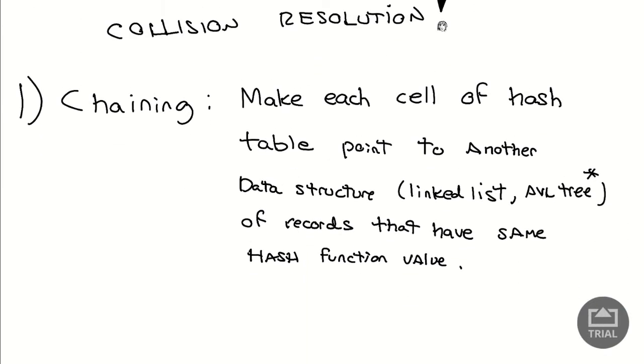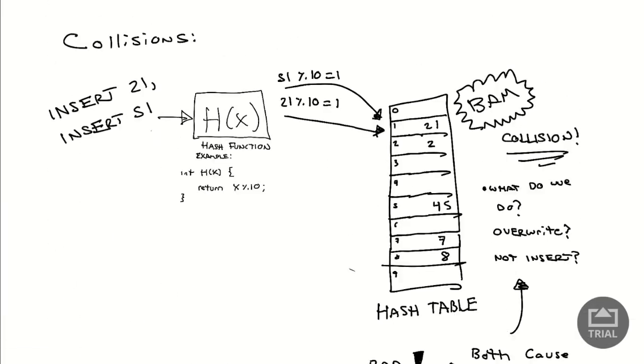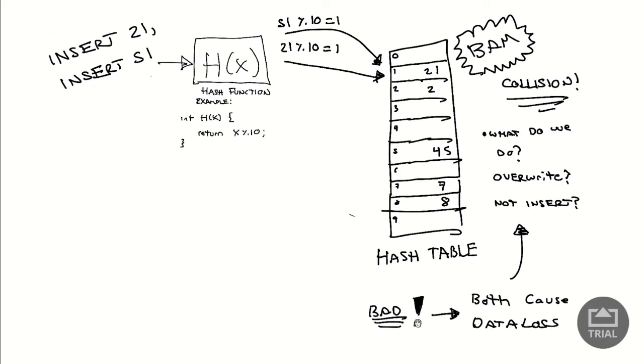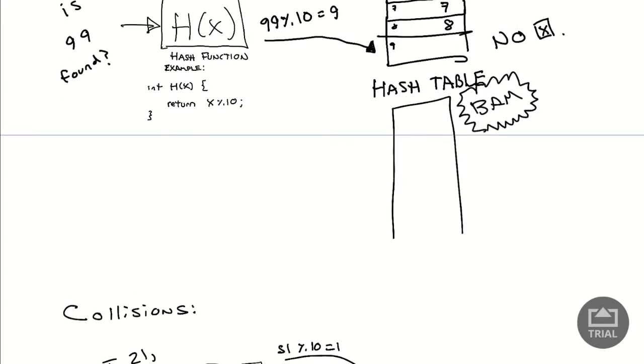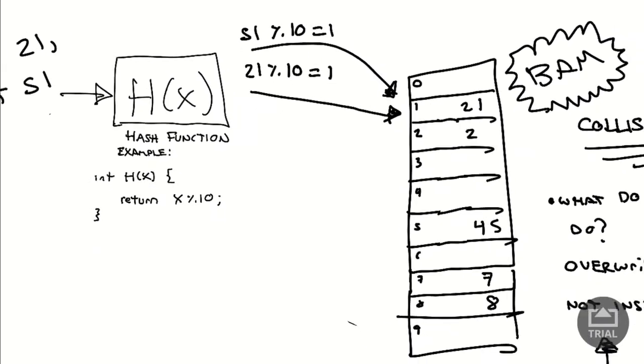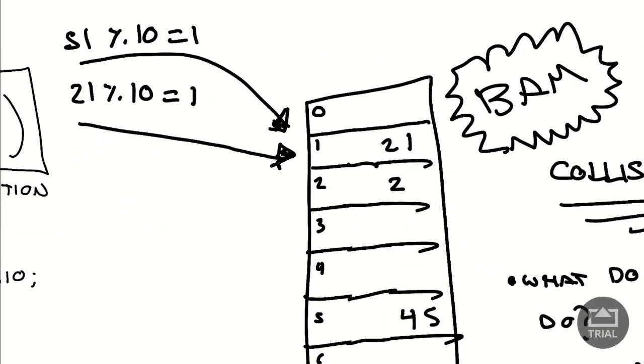And so what separate chaining is, forget about the definition. Let me just show you what we're going to do. What you end up doing here is instead of just giving up, start making a list right here. Start making a list of numbers here.